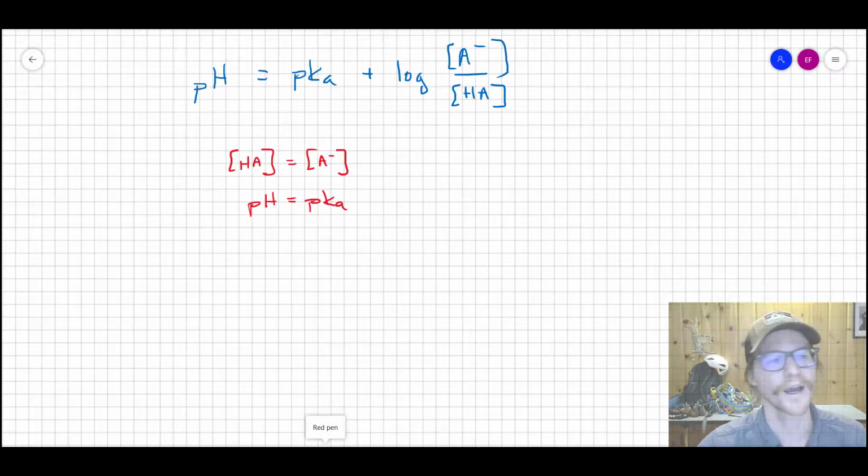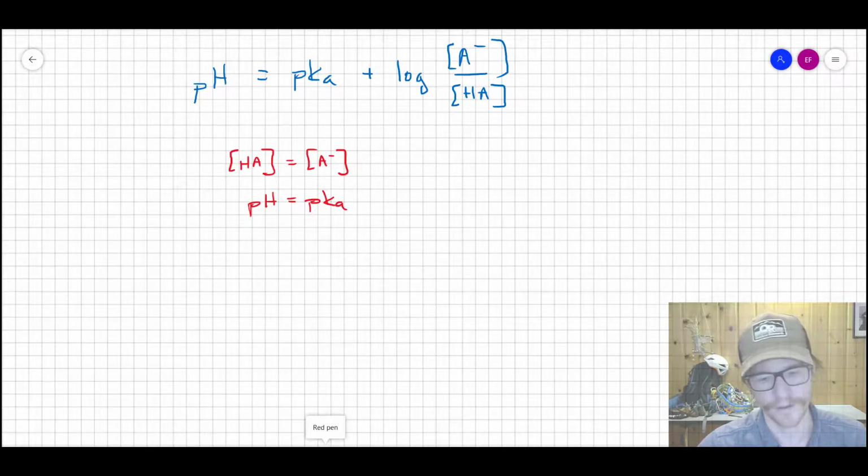That's a critical part. So when you have a weak acid and its conjugate base in solution, and you adjust them such that they're equal to each other, either by adding acid or base, at that point the pH of the solution is equal to whatever the pKa of that weak acid is.